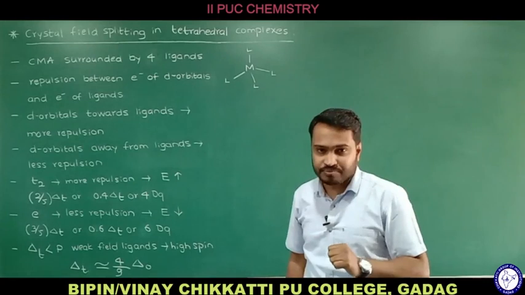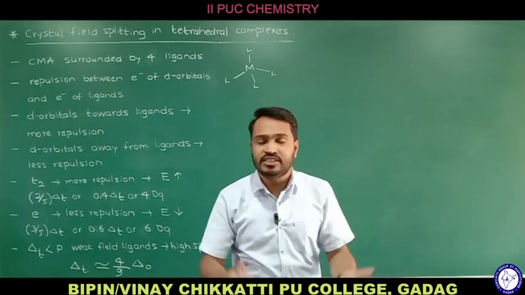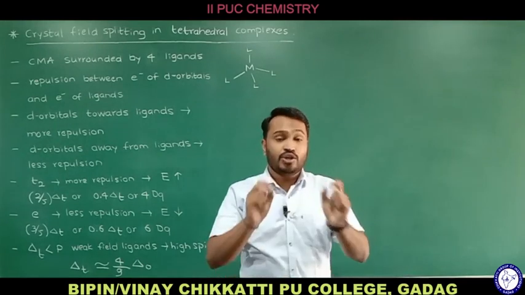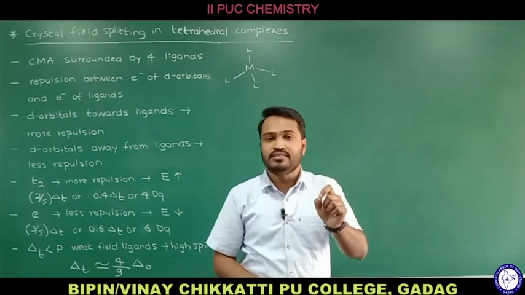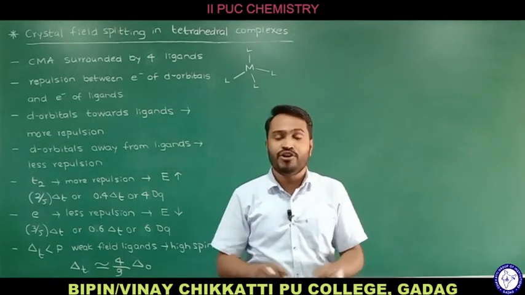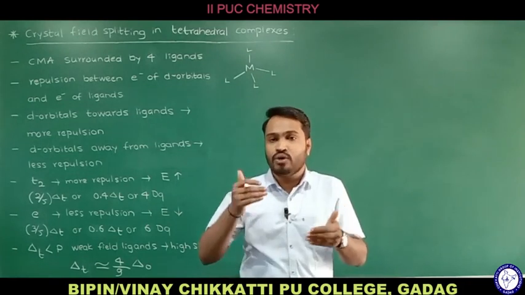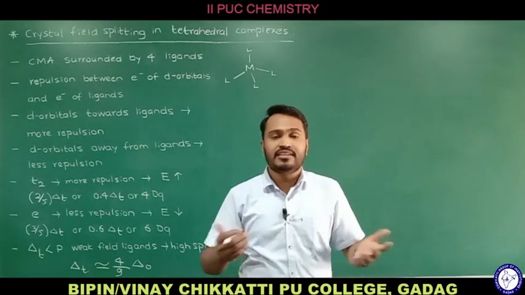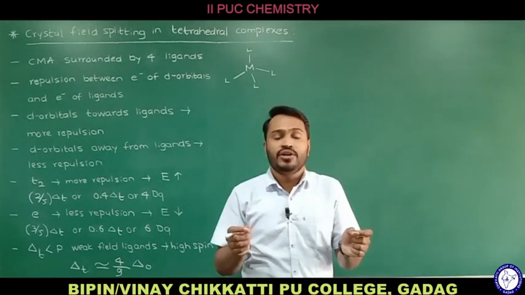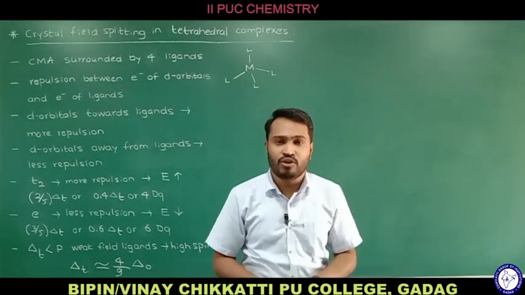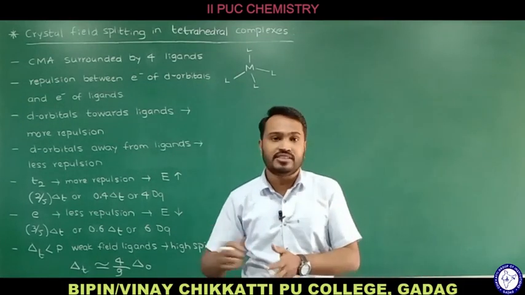As we know, if you consider only the transition element, the atomic orbitals are degenerate. Atomic orbitals with identical energy we call degenerate. How the ligands approach the central metal atom, in particular the d orbitals, depends on which set of d atomic orbitals experiences more repulsion and less repulsion.